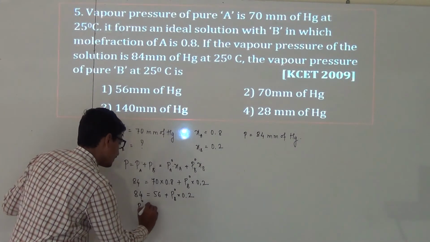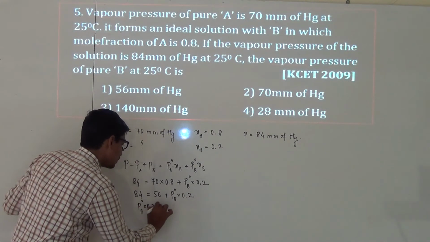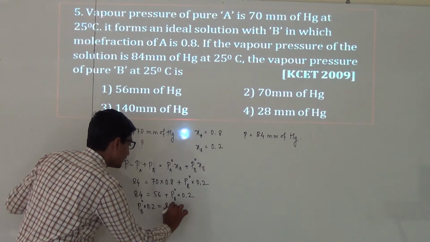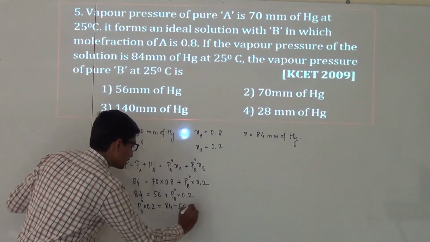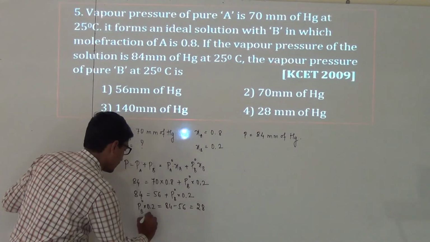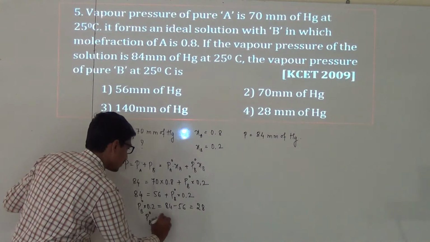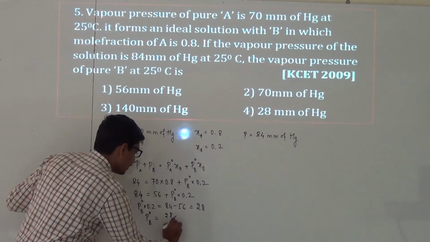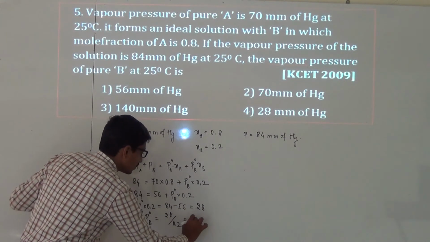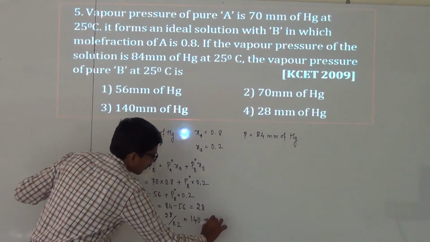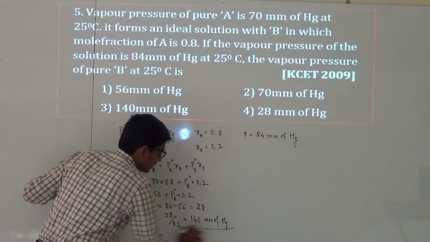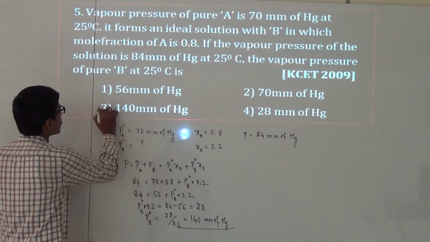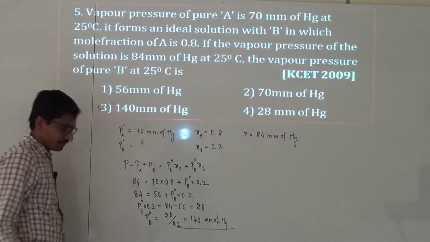PB naught into 0.2 is equal to 84 minus 56. This is equal to 28. PB naught is equal to 28 divided by 0.2. This is equal to 140 mm of Hg, and the correct answer for this question is the third one.